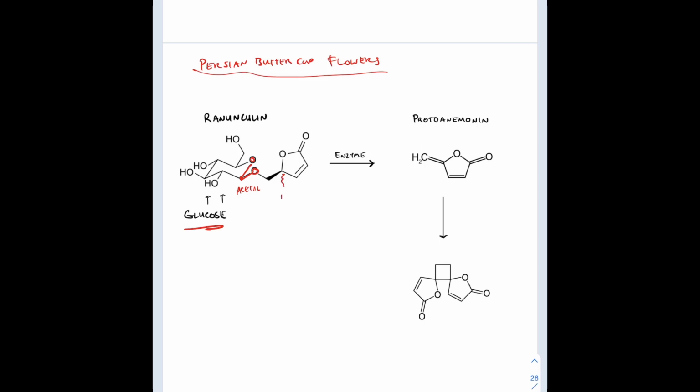But if you imagine the hydrogen there, if you were to remove that with a base, we would deprotonate that, and those electrons could go to the carbon bond, and that kicks off the glucose as a leaving group. This is an enzymatic process, so that's not necessarily how it might go, but that's the general idea. And then we form protoanemonin, which is toxic.